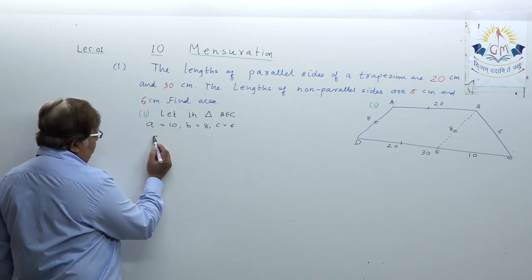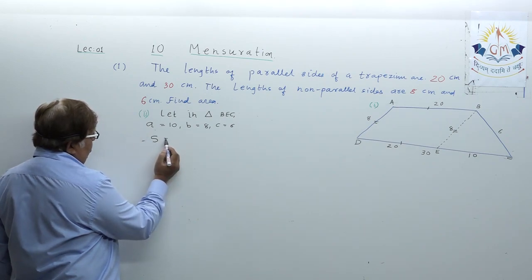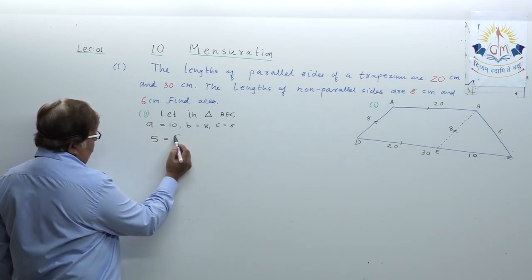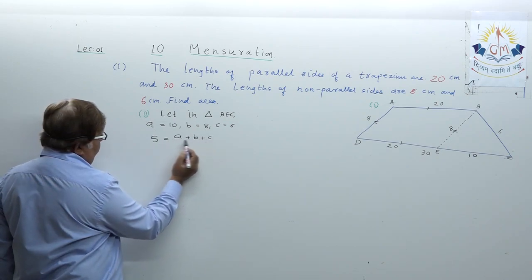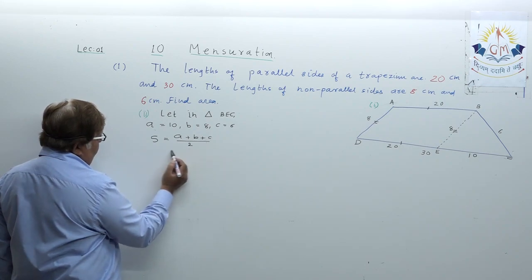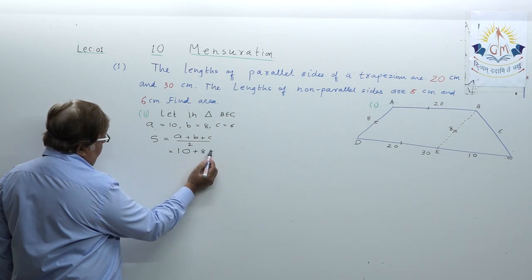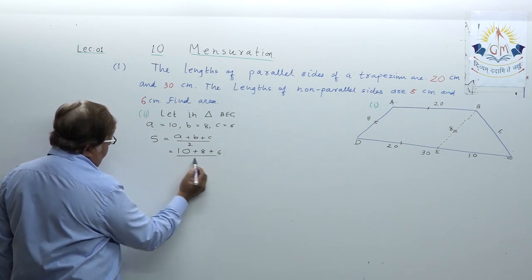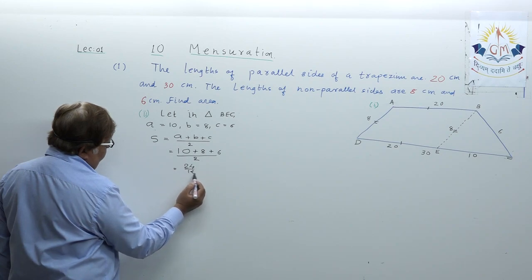Let us find the semi-perimeter. Okay. What is the formula of semi-perimeter as you know? S equals A plus B plus C upon 2. 10 plus 8 plus 6 upon 2. That's 24 upon 2.